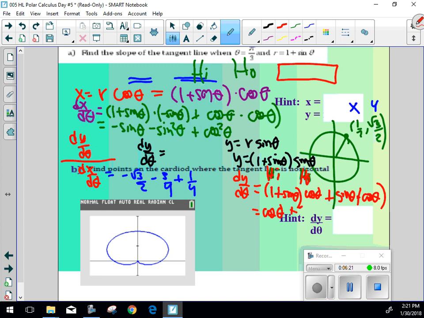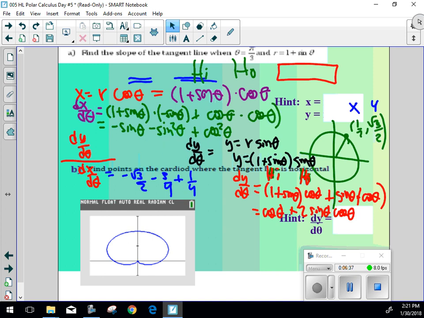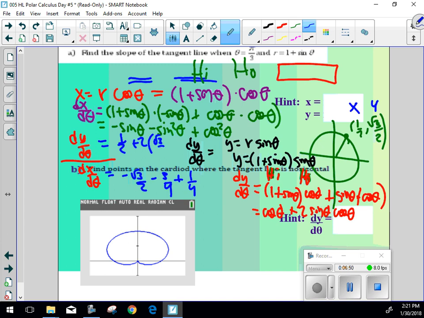So I think it's going to be plus 2 sine theta cosine theta. So this one, when I put the pi over 3, the cosine is 1/2. Do these consistently. So it's going to be 1/2 plus 2 times sine, which is square root of 3 over 2, times 1/2.